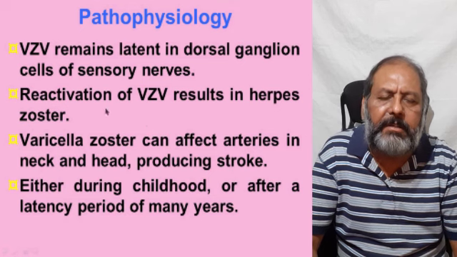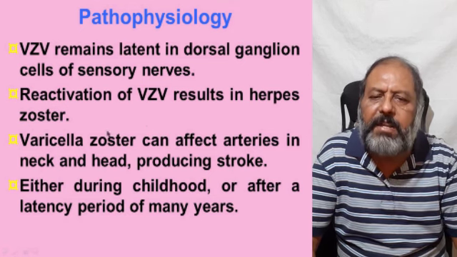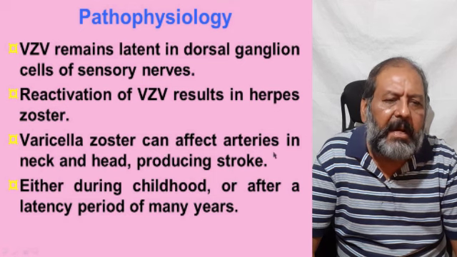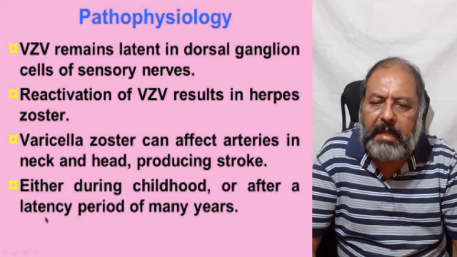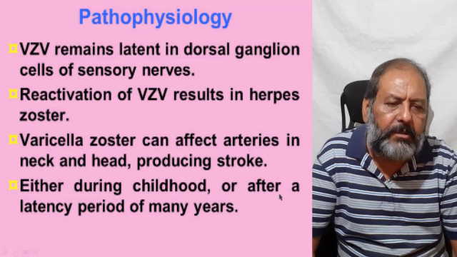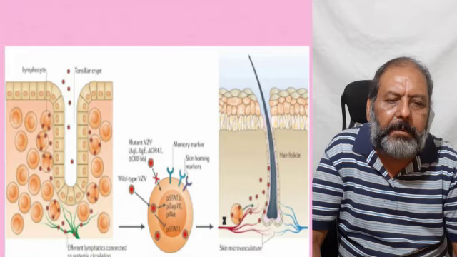Varicella zoster can affect arteries in the neck and head, producing stroke, either during childhood or after a latency period of many years.